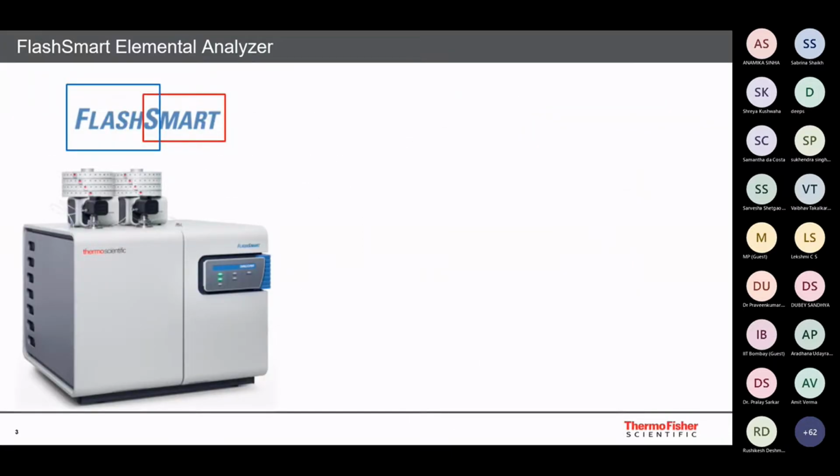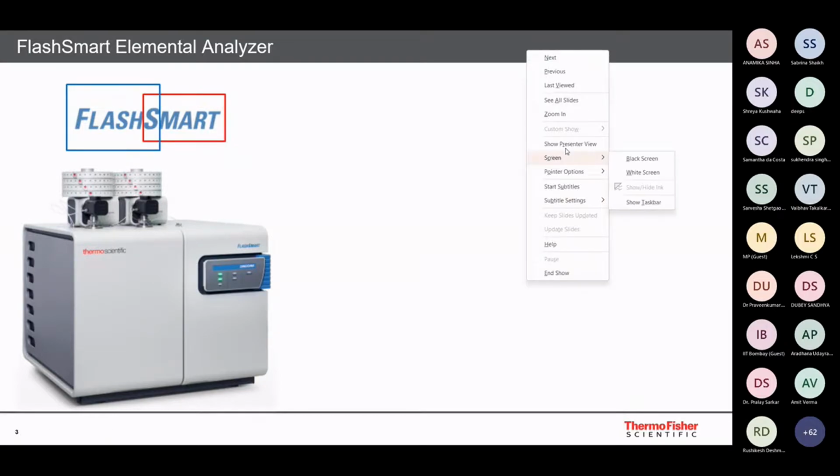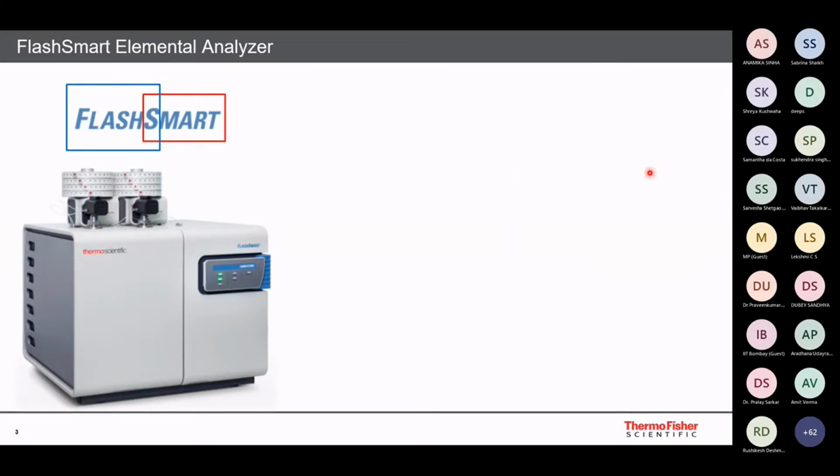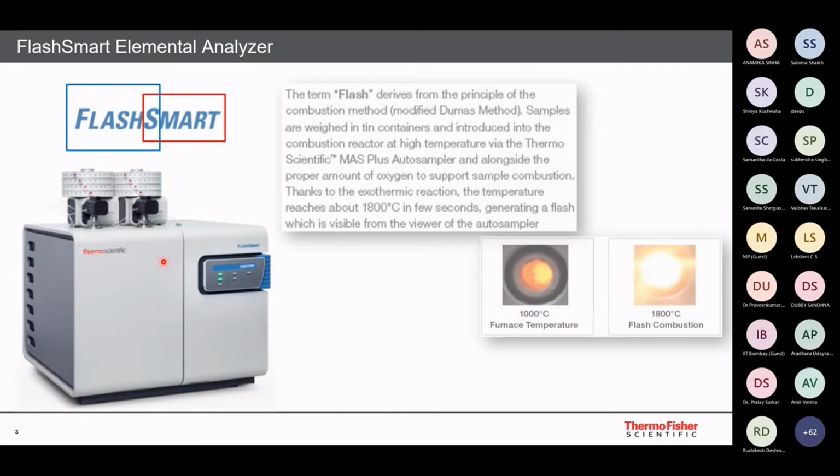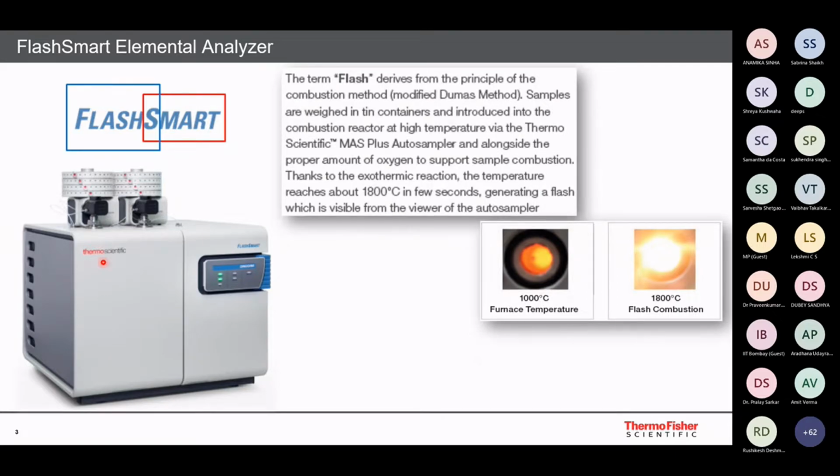Now in the FlashSmart, you can see there are two furnaces. This is the left furnace and this is the right furnace. In the furnaces we set the temperature at 950 for CHNS, and for oxygen we set 1060 degrees Celsius.